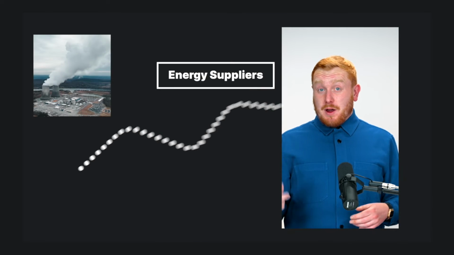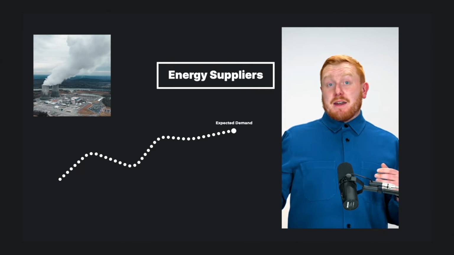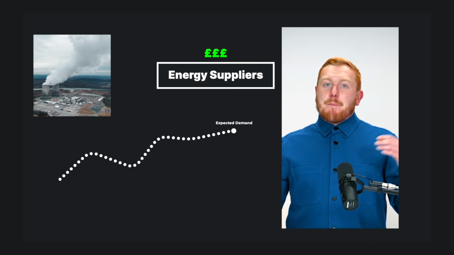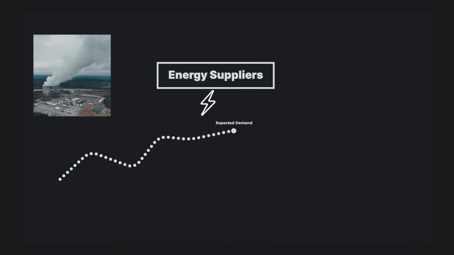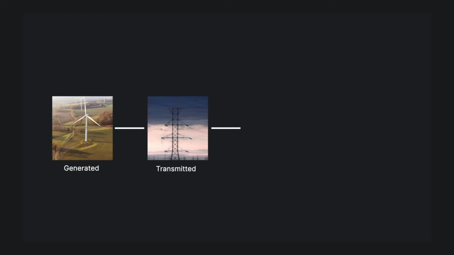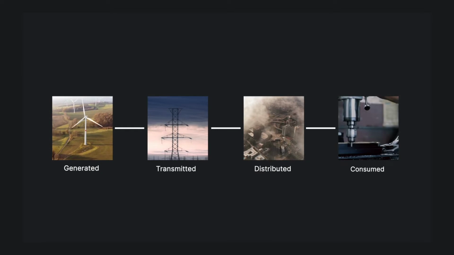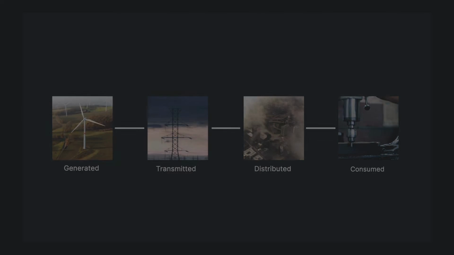National Grid ESO also carries out a number of other roles, such as managing frequency and voltage, but we'll come back to those in a future series. So, energy suppliers predict how much demand there'll be from customers, and then purchase that electricity from generators. It's worth remembering here that the amount of electricity needed in Great Britain can't be stored, so it has to be generated, transmitted, distributed, and consumed continuously in real time.